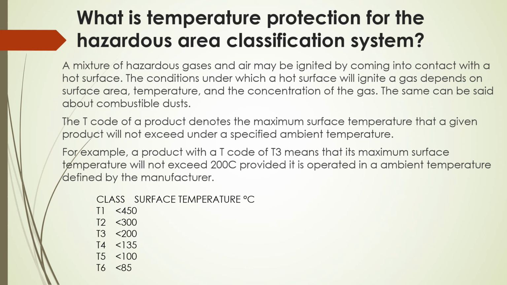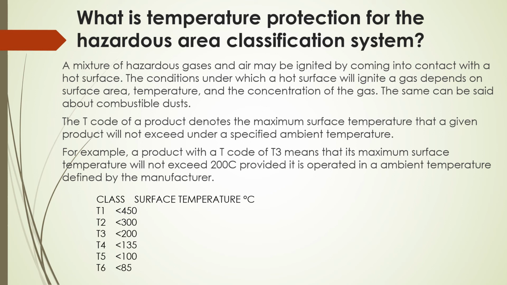The T code of a product denotes the maximum surface temperature that a given product will not exceed under specified ambient temperature. For example, a product with T code T3 means its maximum surface temperature will not exceed 200 degrees centigrade, provided it is operated in an ambient temperature defined by the manufacturer.